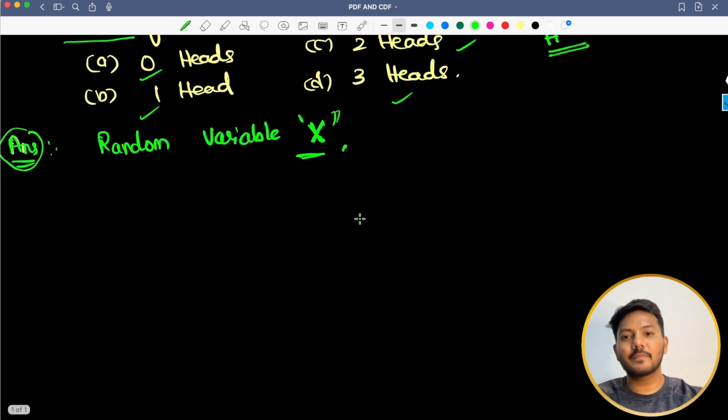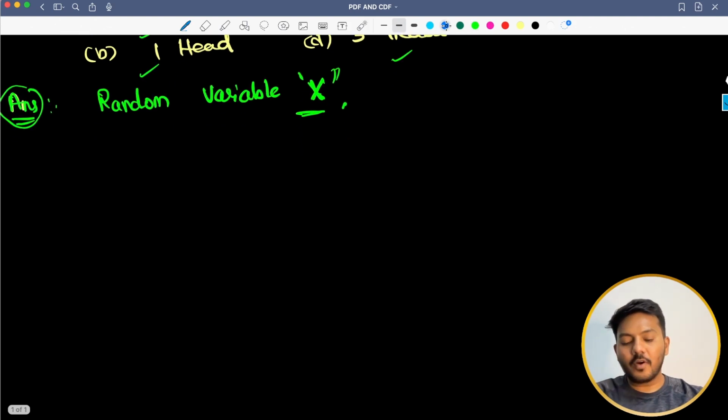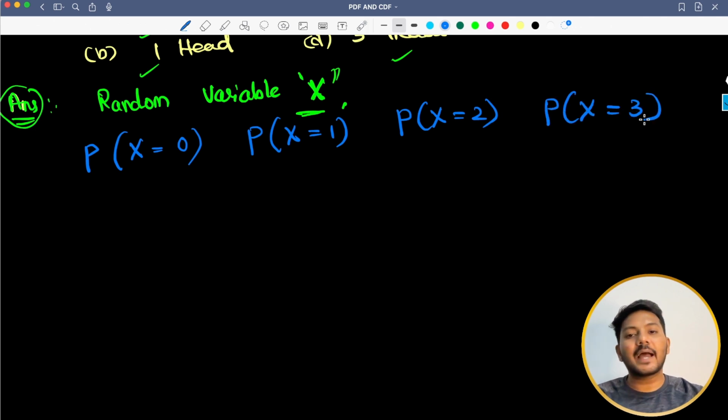Hopefully that is clear. So we will consider this as a random variable, and then what we have to do: probability of random variable x having 0 heads, probability of random variable x having 1 head, probability of random variable x having 2 heads, and probability of random variable x having 3 heads. We have seen this notation in the previous videos as well, right?